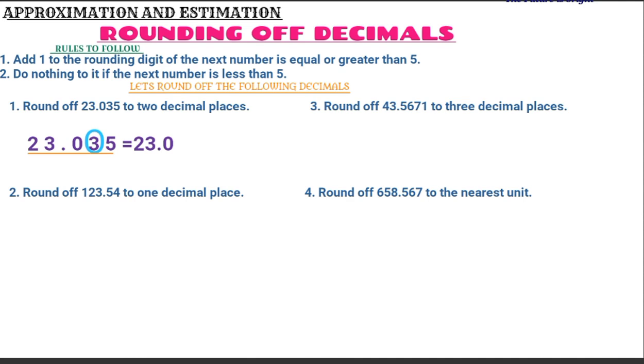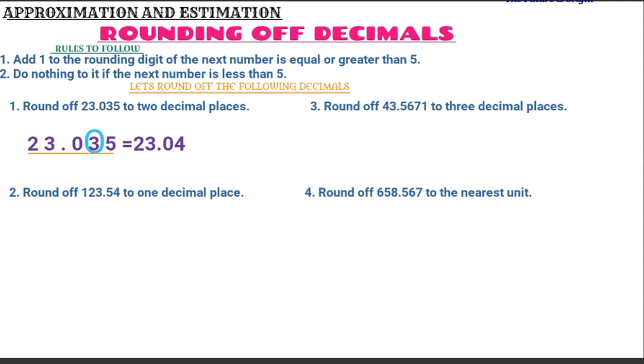So 3 plus 1 will give us 4. We write that there. So rounding off 23.035 to 2 decimal places will give us 23.04.